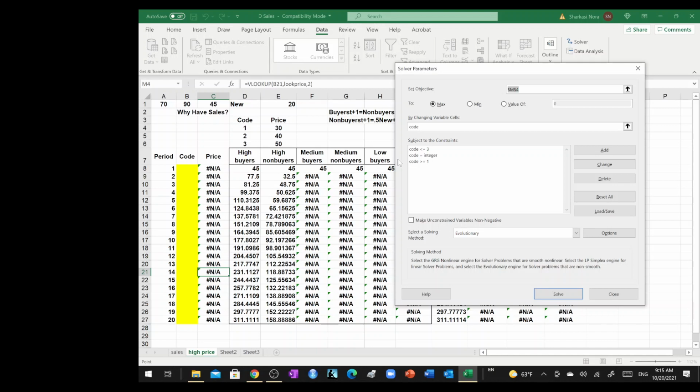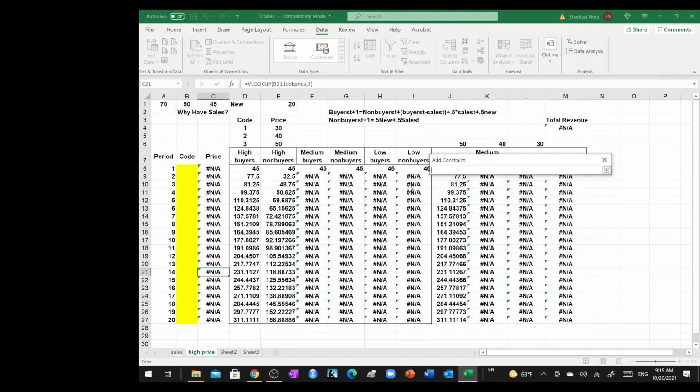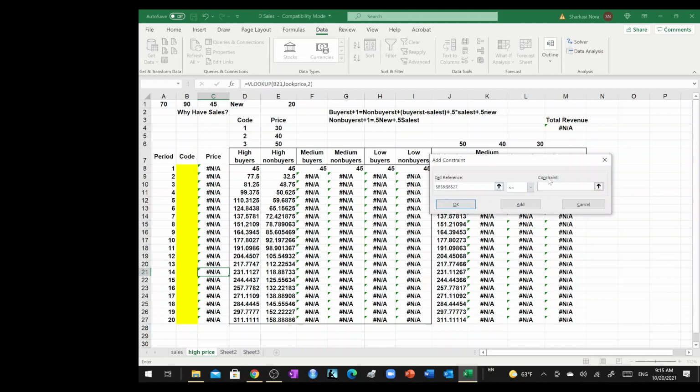So first of all, I need to put the code as an integer, and this is how we do it. This whole code, I named it as code. It should be equal to integer, and the way that we do it, as you may know already, we just go here and put it as an integer.